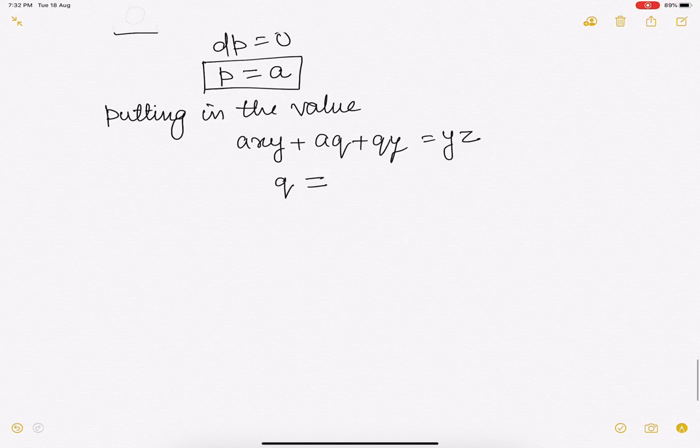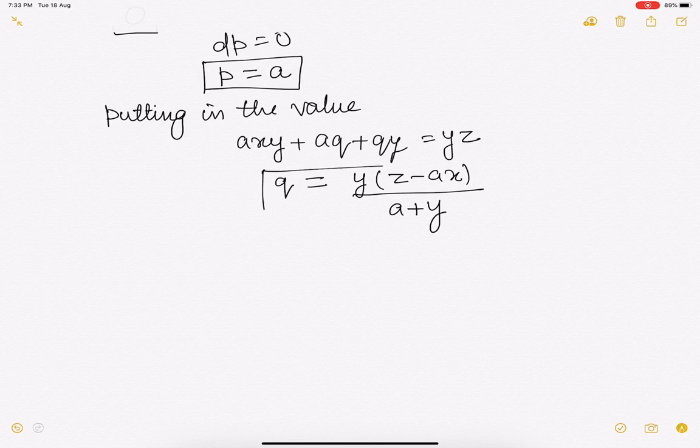So this gives q is equal to yz minus ax upon a plus y. So this is the value of q which we are getting. Let us call this equation number 2 and this one as equation number 1.